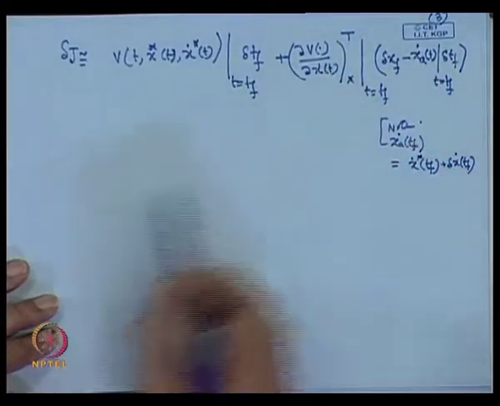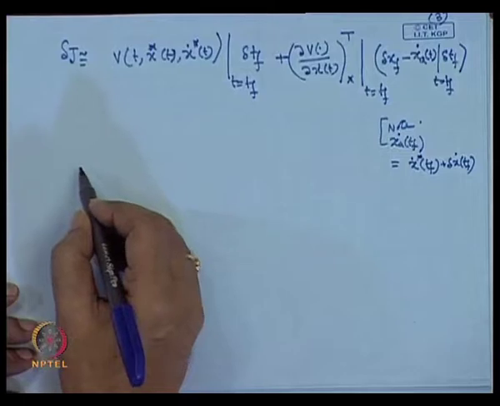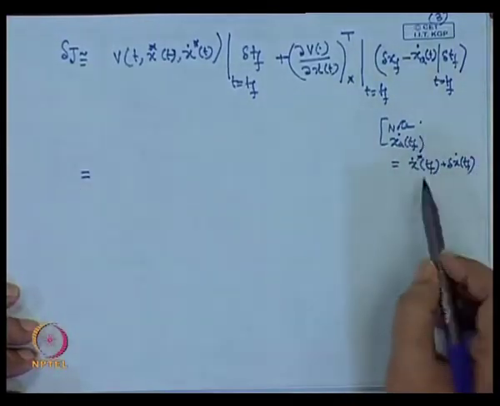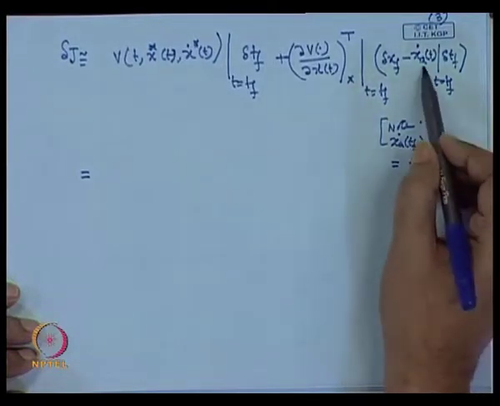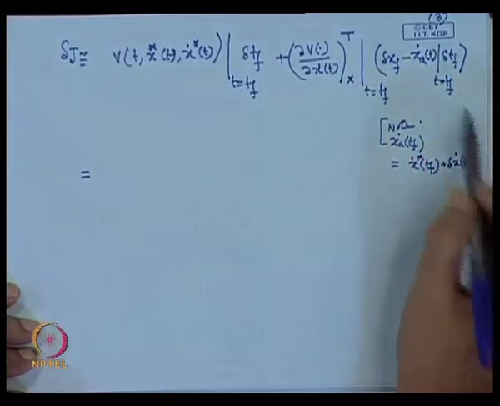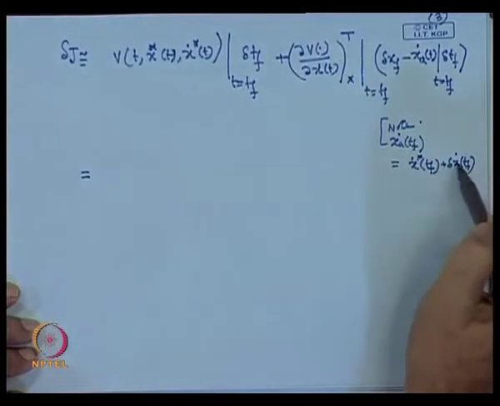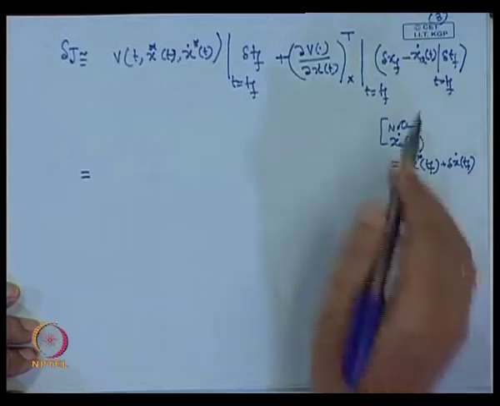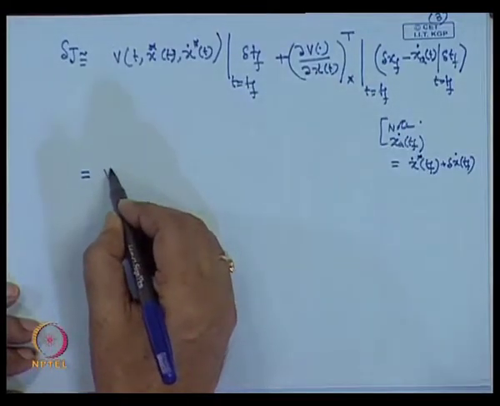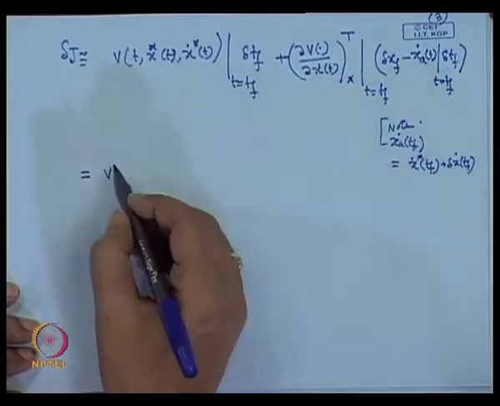I will put this value in this equation, and you see delta x dot(T_f) and delta x(T_f) multiplied by delta T_f. This is again a small quantity, so the second part is neglected. What is the leftover term after putting this expression?